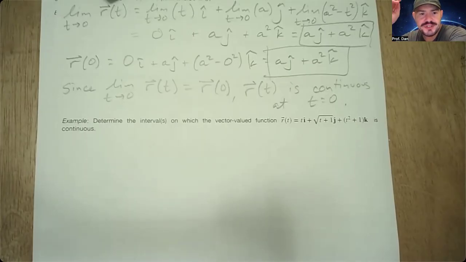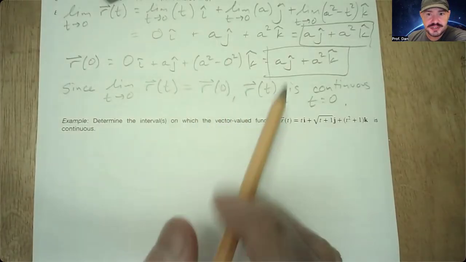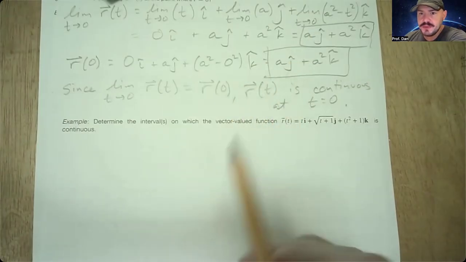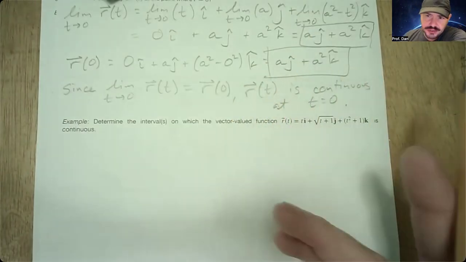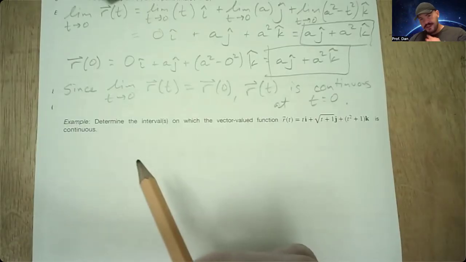But when we want to assess continuity over an interval, that's different from when we want to assess at a point. If I want to assess continuity at a point, I just look at the limit, I look at the actual value, and if they match, then the function's continuous there. But over an interval, the process is different.